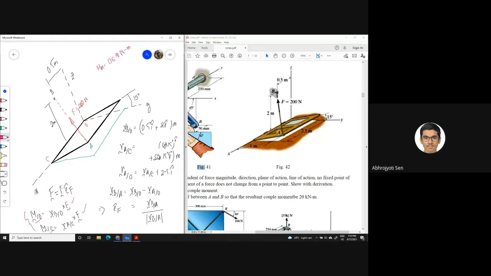Sir, I'm a little bit confused. For about O, the axis will be the x-axis. Yeah, I only want the x component of the moment. Yes, sir, I'm getting 143.2. I don't have the answer, you can just tell me. 143.2, sir.